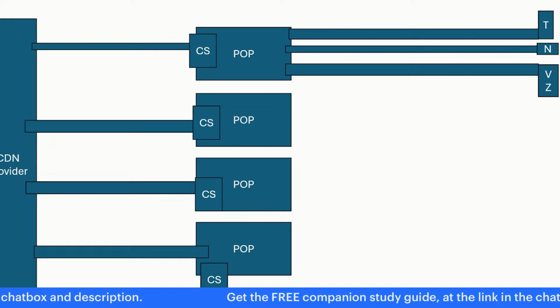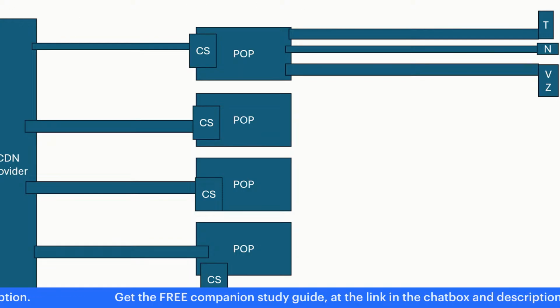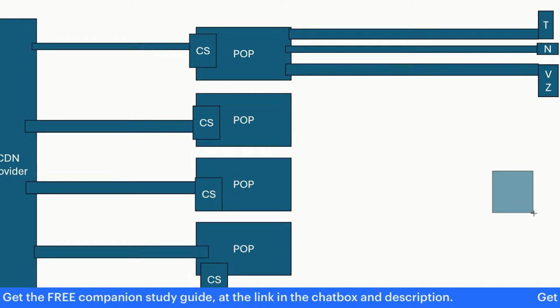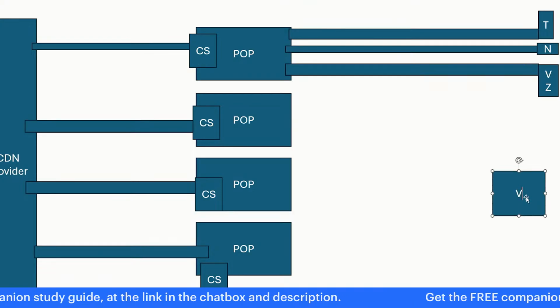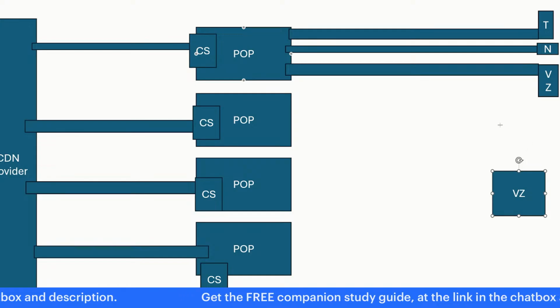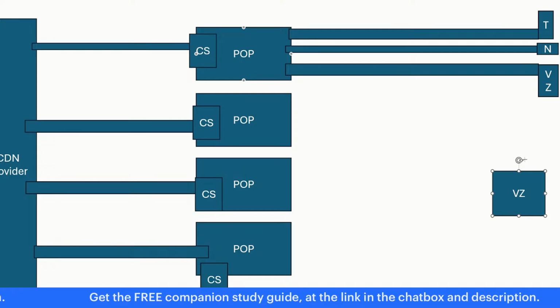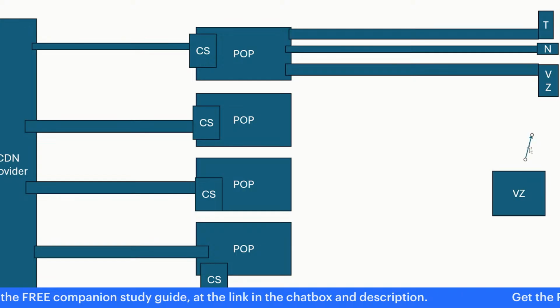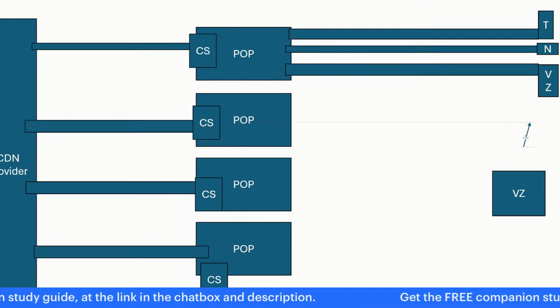And by doing this, let's say you're a Verizon customer. As you get your traffic, let's say you want to access something. So you go to a website.